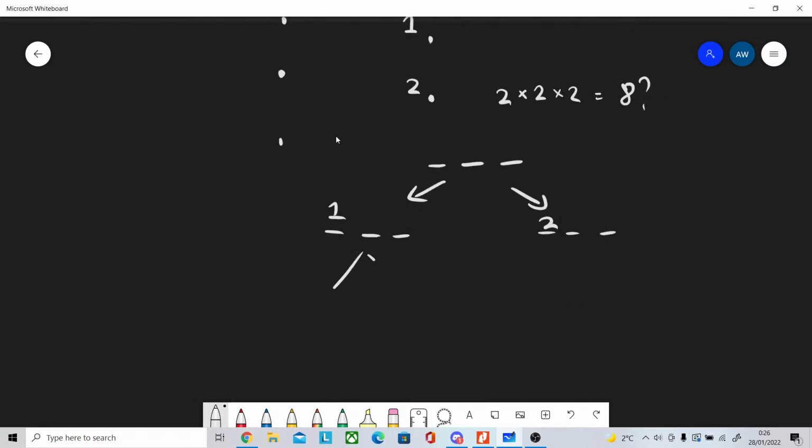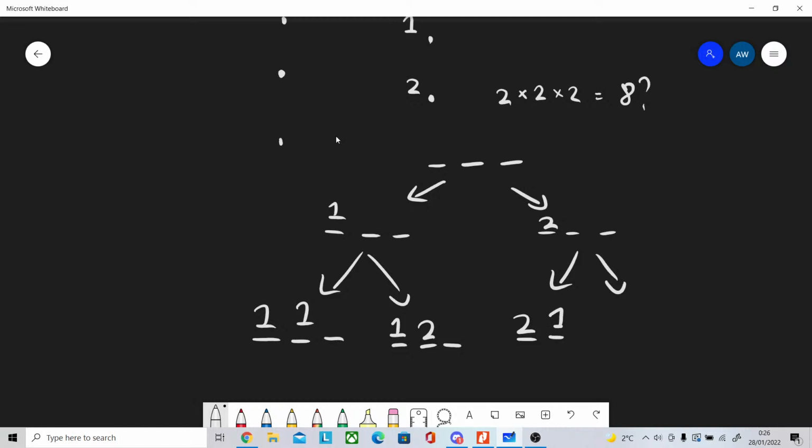And we can separate these down again into 1, 1, blank. This is 1, 2, blank. This is 2, 1, blank, and then 2, 2, blank, and then these have two further options again.